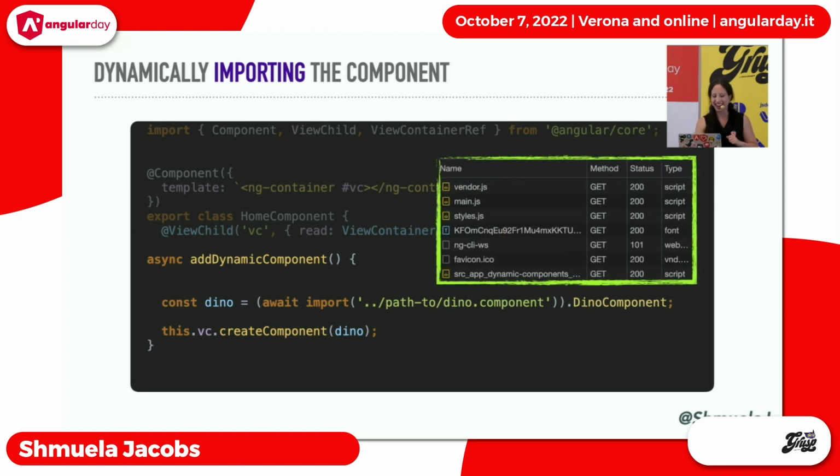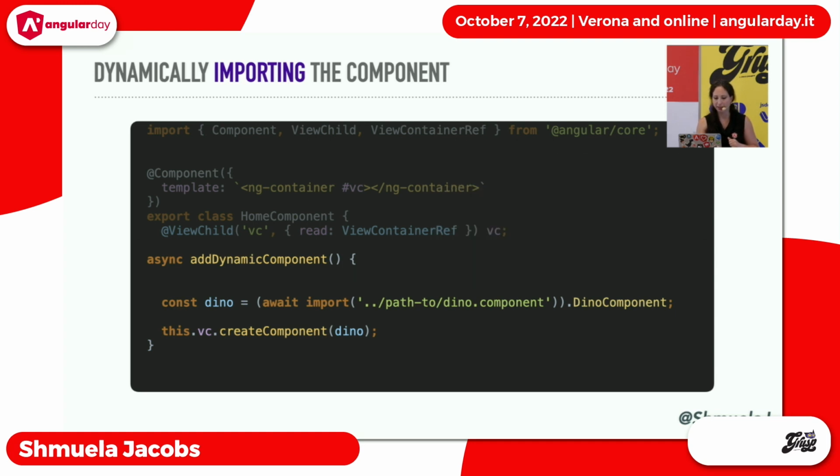All right. And like I showed you, it doesn't load it ahead of time in the application. Now, a bit of a problem is that you must have the path hard-coded here, okay? And also the name of the class that you're going to import.